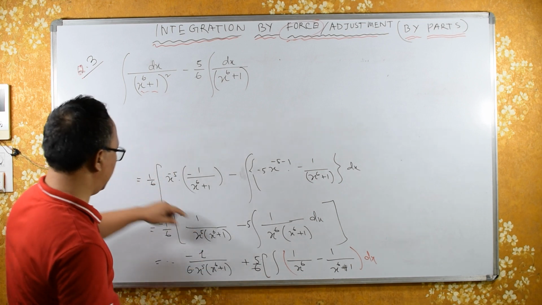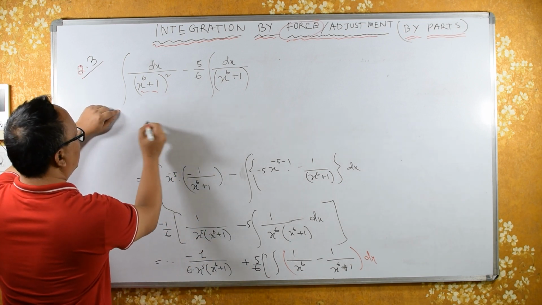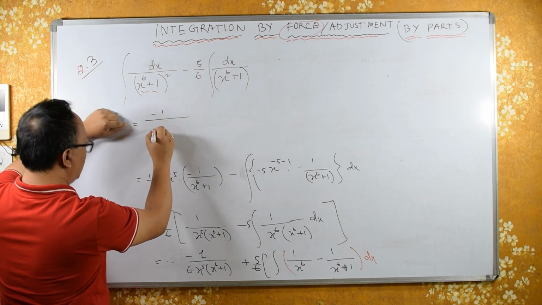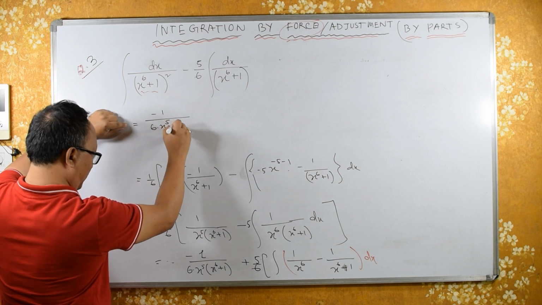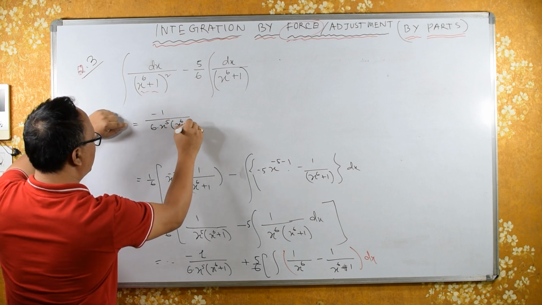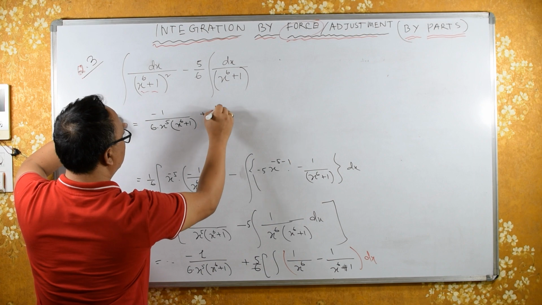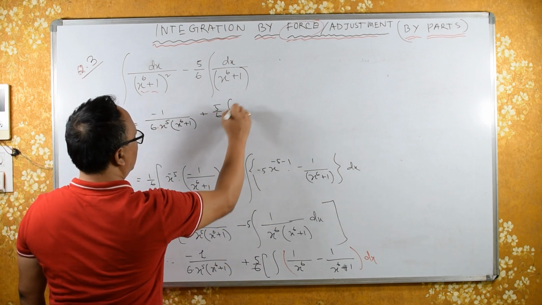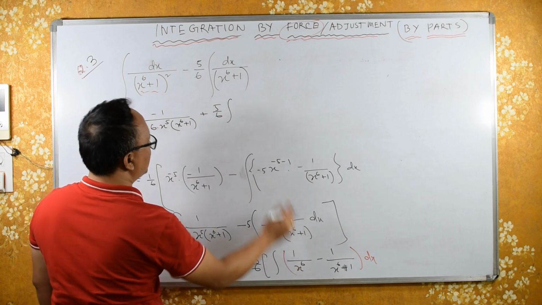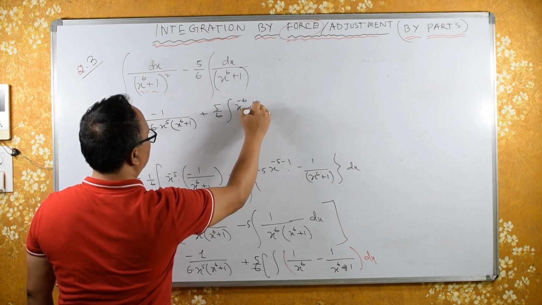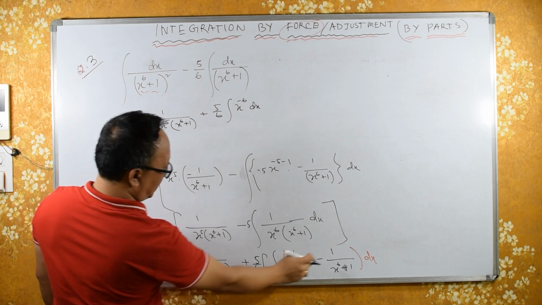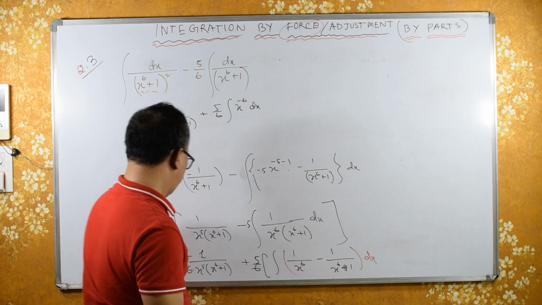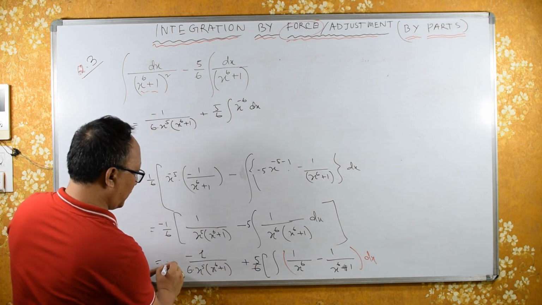This is equal to minus 1 upon 6x^5 (x^6 plus 1) plus 5 by 6 into the integral of 1 by x^6, which is x^-6 dx.